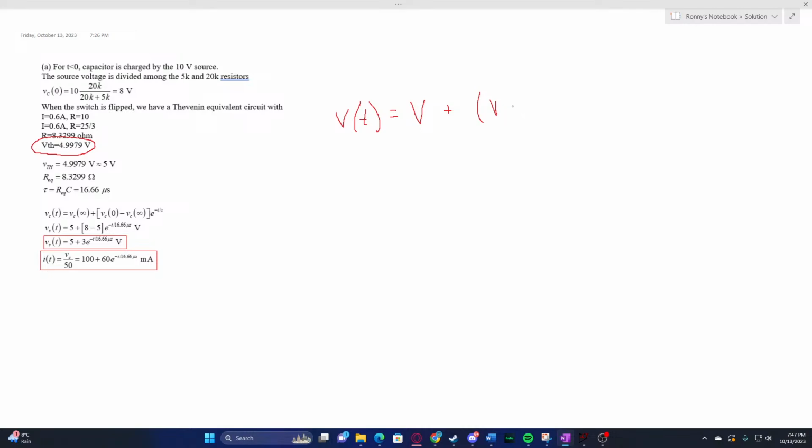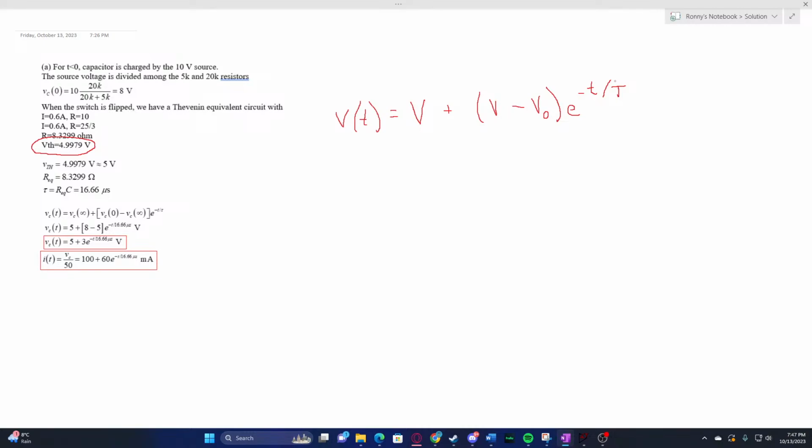I can just call it V minus V0 e to the negative t divided by that.